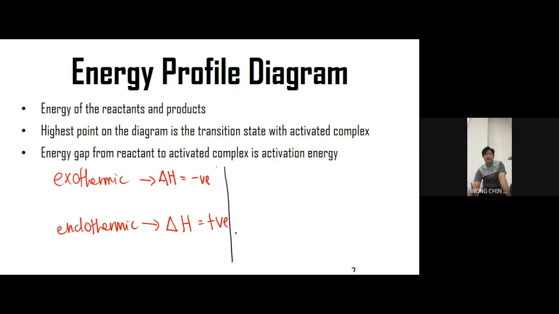Delta H negative ni is actually delta H reaction. Total saya dapat negatif. Kenapa total dapat negatif? Because of the total product minus total reactant.